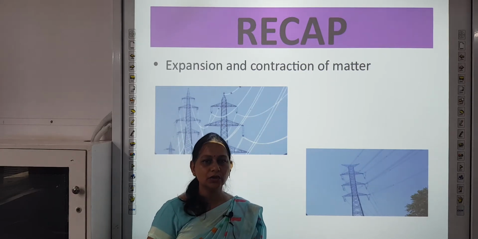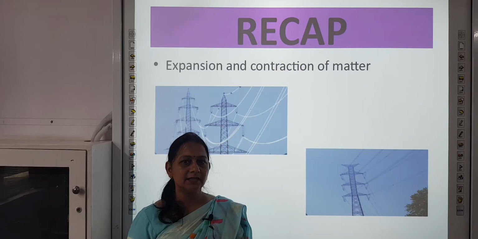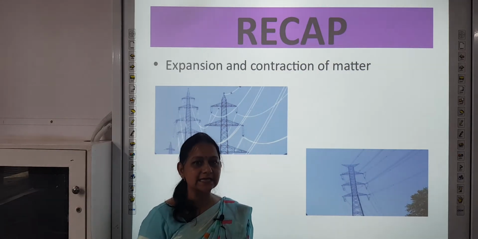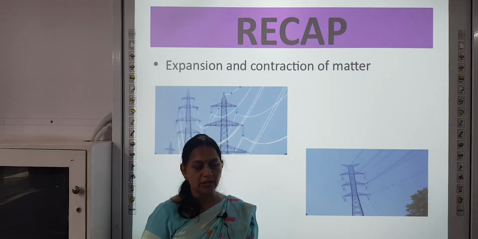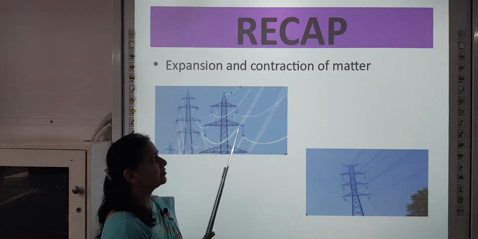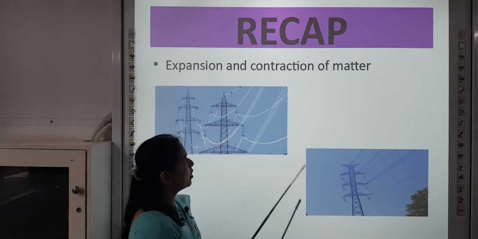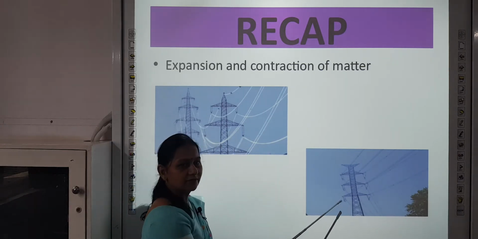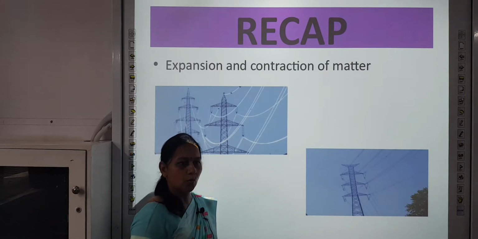So, the matter contracts because of the intermolecular space that decreases on cooling. So, expansion and contraction cause the wires to hang loose in summer and the wires to be tight in winters.